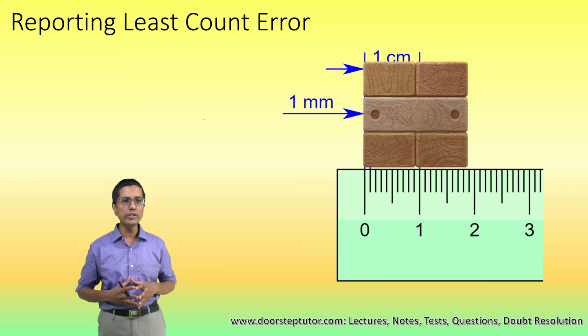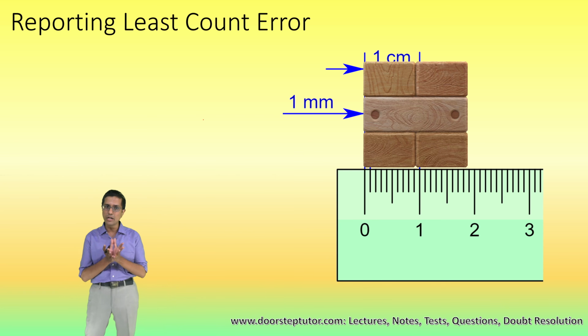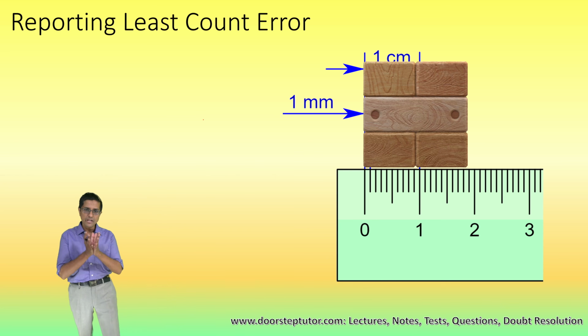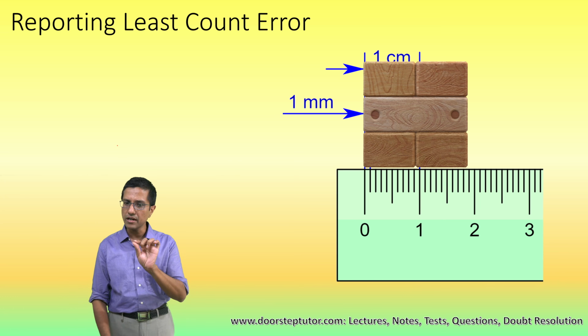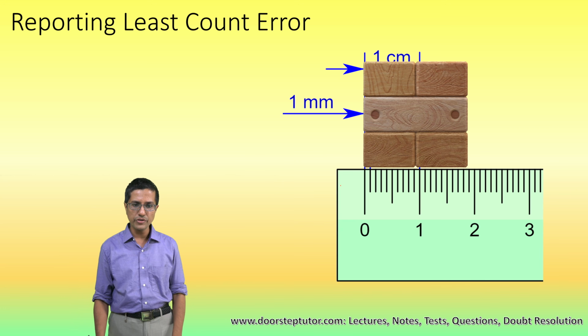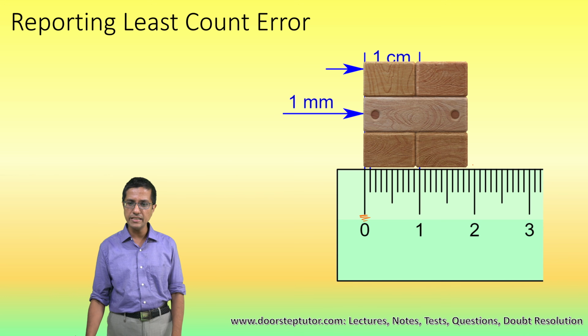Now when we do the measurement using this ruler, this is how it looks. We are measuring a block. We'll try to report the least count error of this ruler. So if you start from 0 and this reading goes on till, so this is 1, this is 2, this is the gradation halfway between 1 and 2.